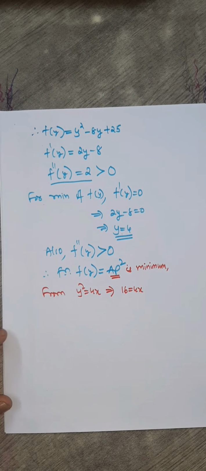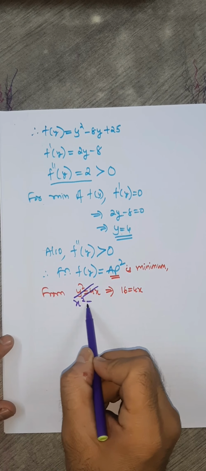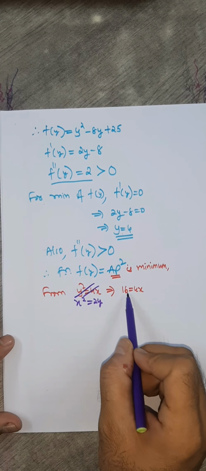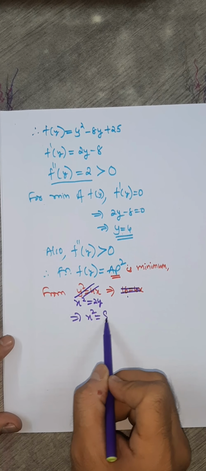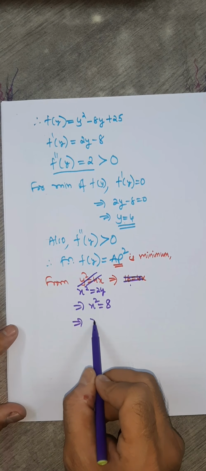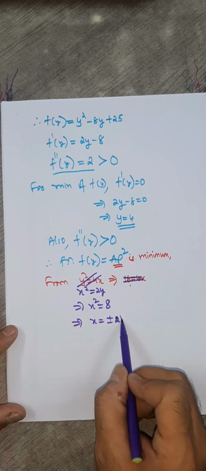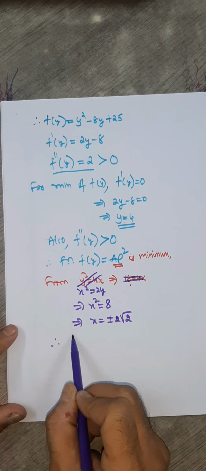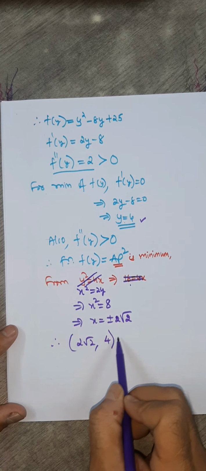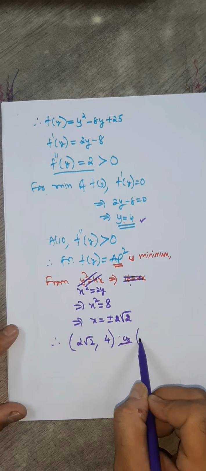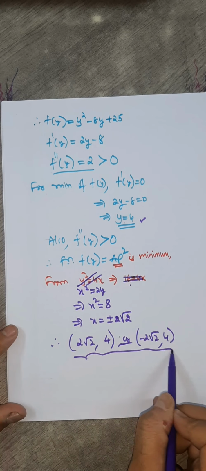Am I right here? I'm sorry, this is not the parabola. The parabola is x squared equals 2y. So if I put y equals 4, you will get x squared equals 8, and therefore x equals plus or minus 2 root 2. Here x can be negative also. So the points are (2 root 2, 4) or the other possibility, (minus 2 root 2, 4). These are the required points.